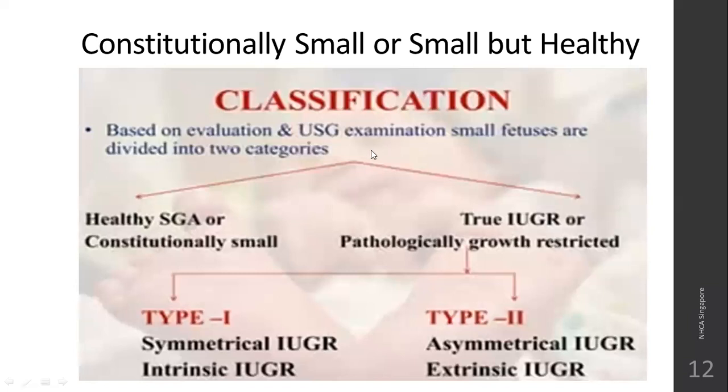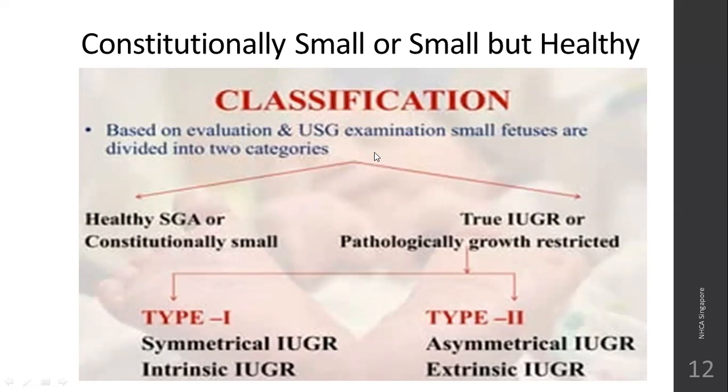So this is the classification of constitutionally small babies based on evaluation and ultrasonography examination. Even before birth, we can understand if the child is too small or not. If the child is too small, usually the gynecologist or the obstetrician will ask the mother to eat more nutritional food and put on some weight so that the child can also gain weight.